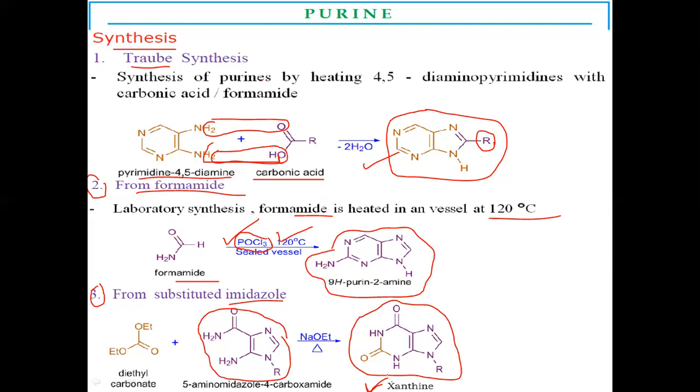Second, from formamide, simply heated with phosphorus oxychloride to make 2-amino-9H-purine as the final product. And the third method is to prepare from imidazoles reacting with diethyl carbonate to form xanthine, the most stable derivative of purine. That's why in this way you have to prepare the purines.